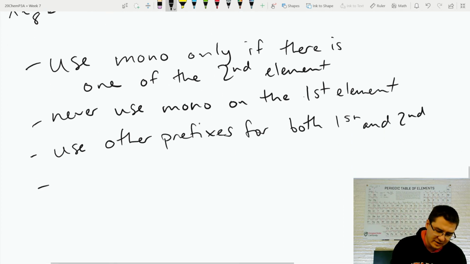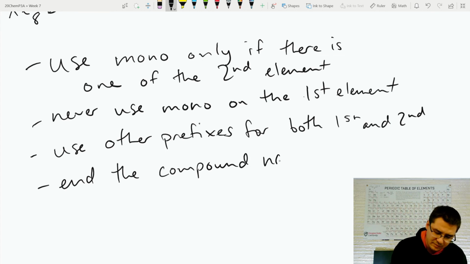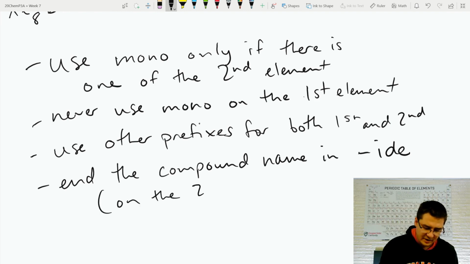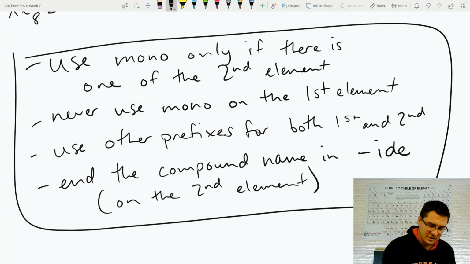And then end the compound name in ide. Okay, and that only goes on the second element. Okay, so there's your rules, and maybe write these down for naming binary covalent compounds.